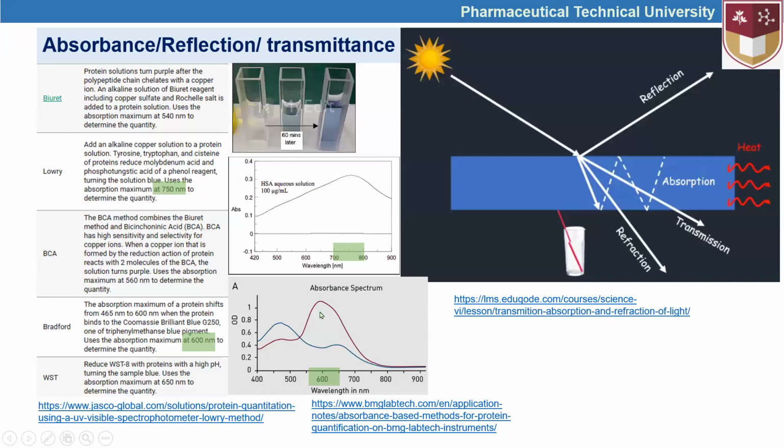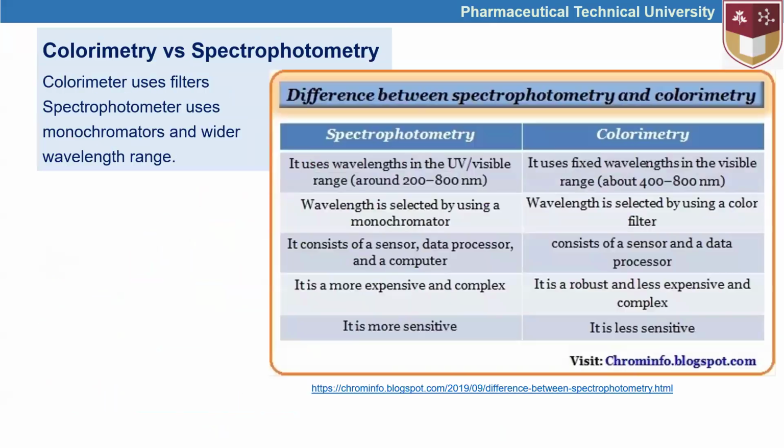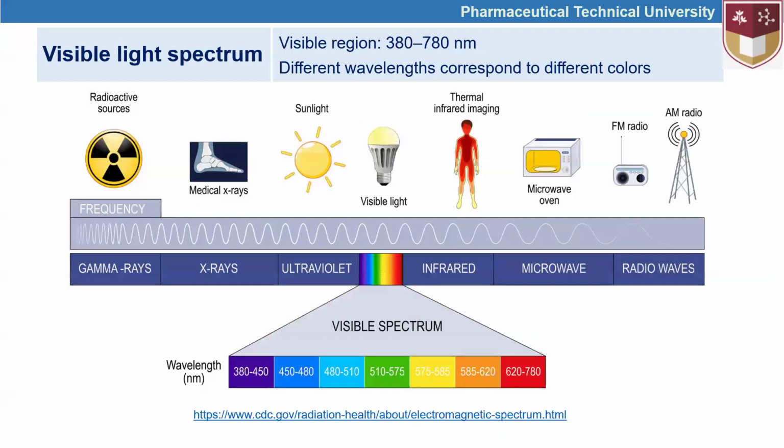So this is about different colors and different absorbance. I would like to highlight that the blue color is about 400, let's say, 400, 450 nanometers. I mean, this blue color.